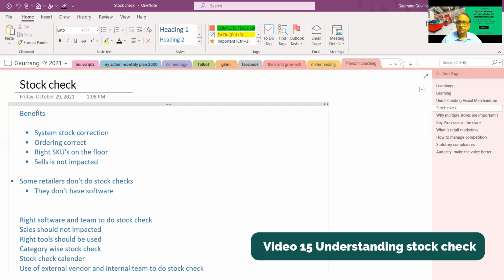There are two types of shrinkages, internal shrinkage and the external shrinkage. Internal shrinkage means that your staff is doing theft inside your store which you never know, in collaboration with other staff members. You can never find out. Along with the customer also.